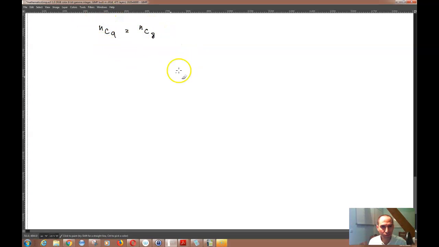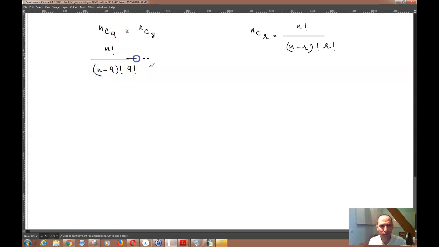If you simply do not use the formula that I just used and write this as basically, you know that n combination r is equal to n factorial over n minus r factorial times r factorial, then over here you would get n factorial over n minus 9 factorial times 9 factorial is the same thing as n factorial over n minus 8 factorial times 8 factorial. And so n factorial and n factorial can cancel out here.